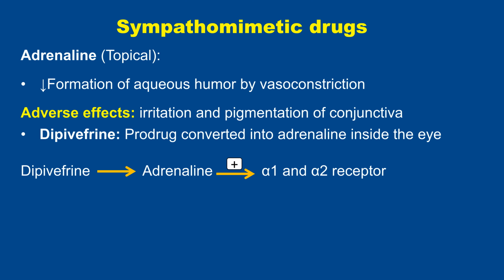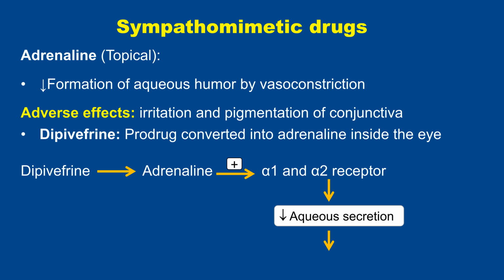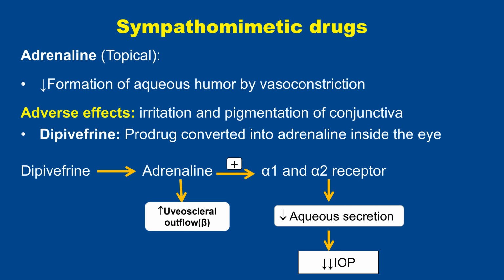Adrenaline acts on adrenergic alpha 1 and alpha 2 receptors that decrease aqueous secretion, and that in turn decreases intraocular pressure. Adrenaline also has additional actions by opening the uveoscleral outflow, and that also contributes to the decrease in intraocular pressure.